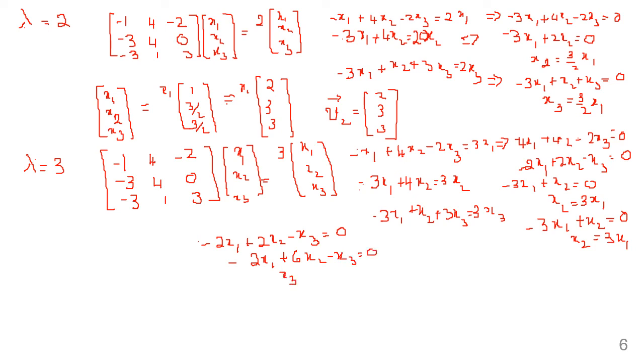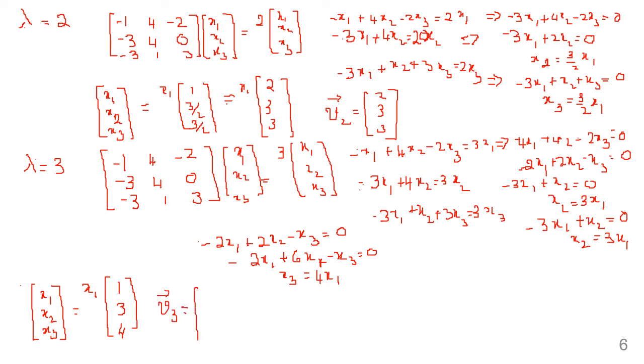Therefore, x3 is equal to 4x1. So therefore, I can write the three equations. x1, x2, x3 is equal to x1 times 1, x2 is equal to 3 times x1, x3 is equal to 4 times x1. So therefore, eigenvector V3 is given by 1, 3, 4.